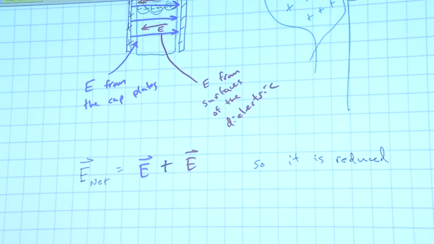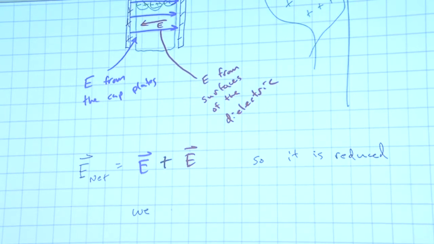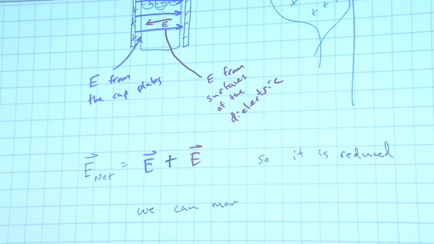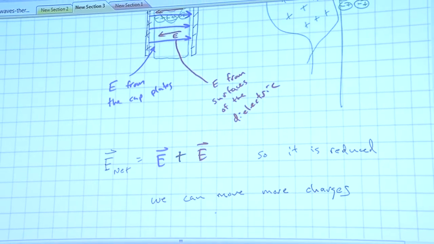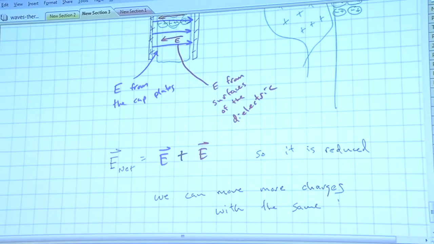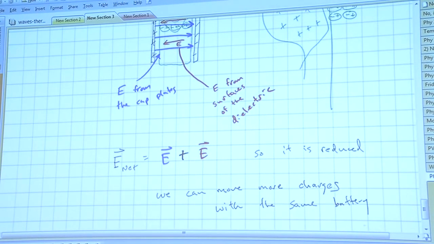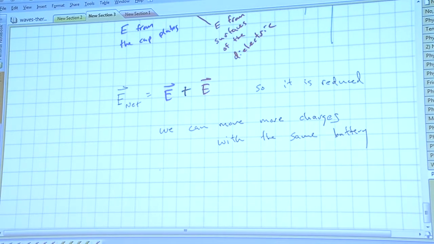And if the electric field is reduced between those plates, it doesn't take as much work moving the charges from one plate to the other, and we can move more charges with the same battery. So that means it increases the capacitance.